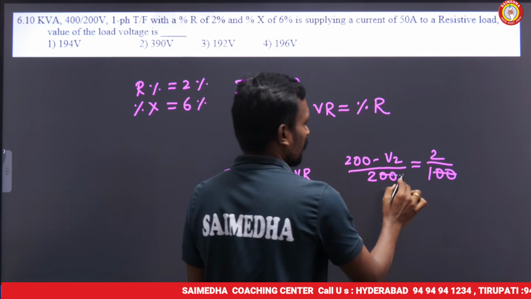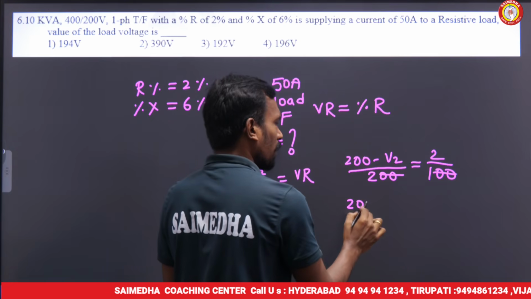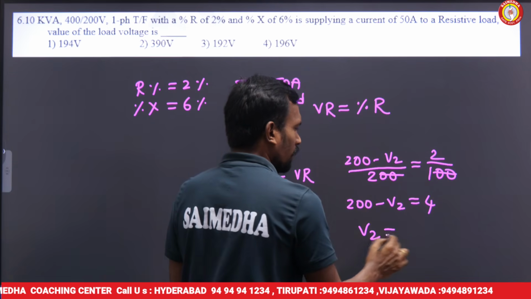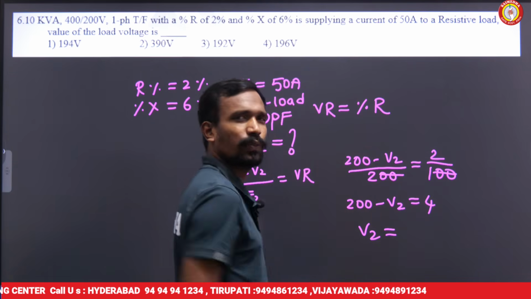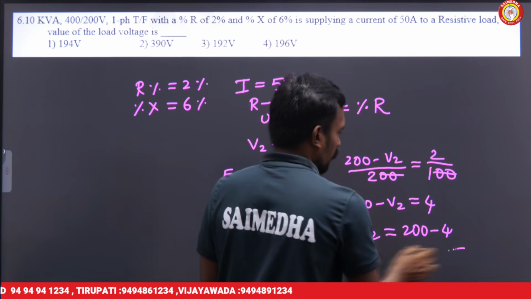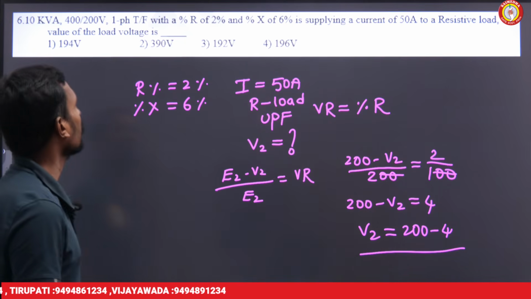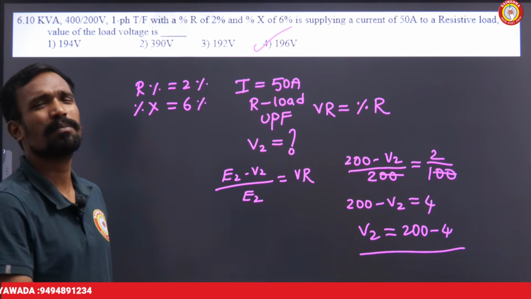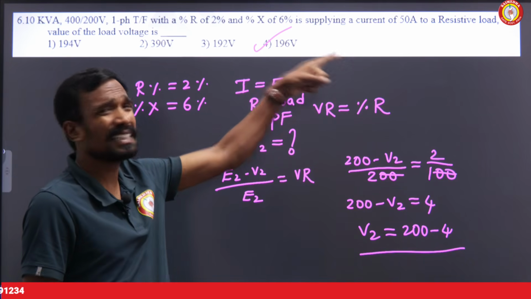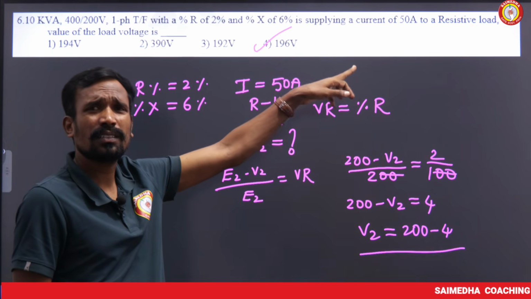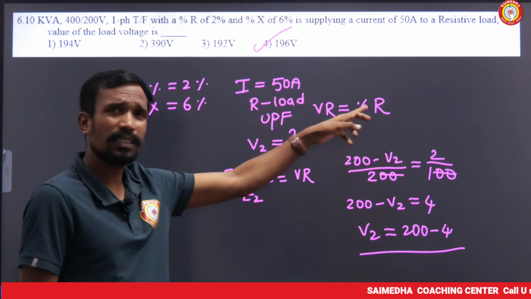These get cancelled. 2 twos are 4. 200 minus V2 is equal to 4. So this minus V2 becomes plus V2, and this plus 4 becomes minus 4. So the voltage is 196. Simple. If they give a resistive load, it is simple; if they give an RL load, you need to calculate voltage regulation.